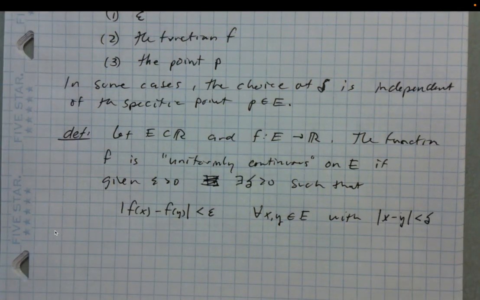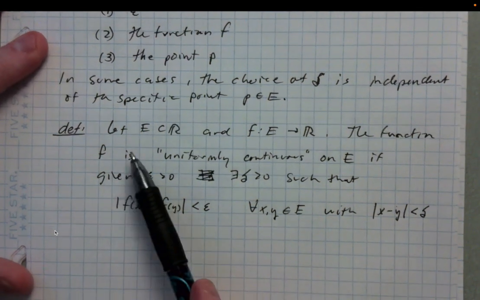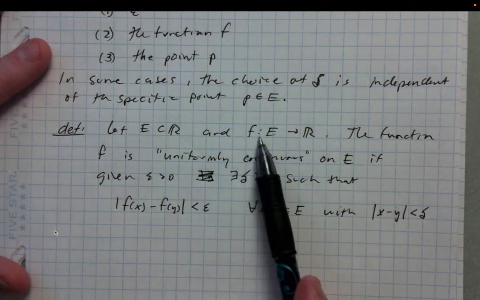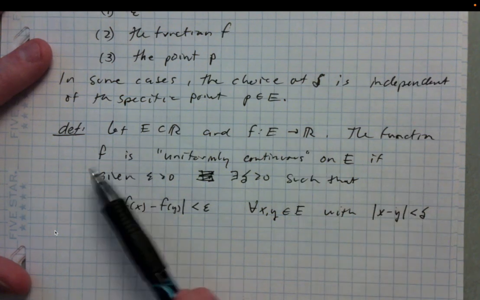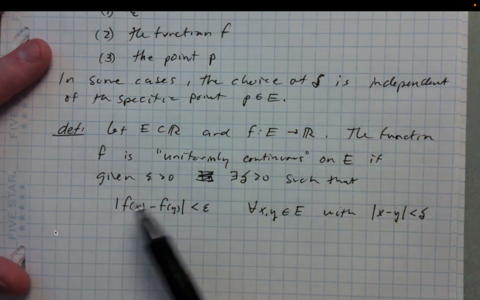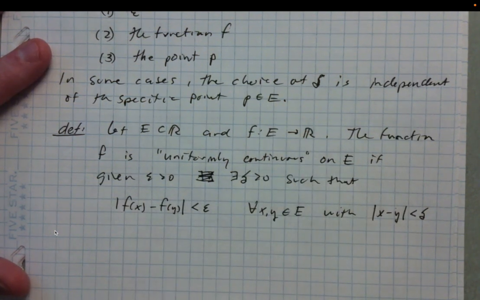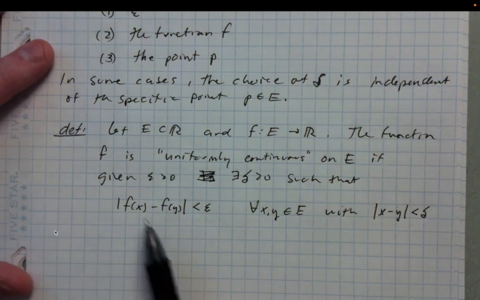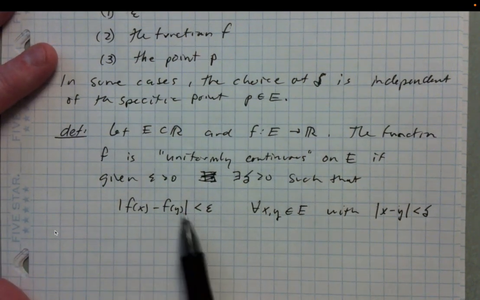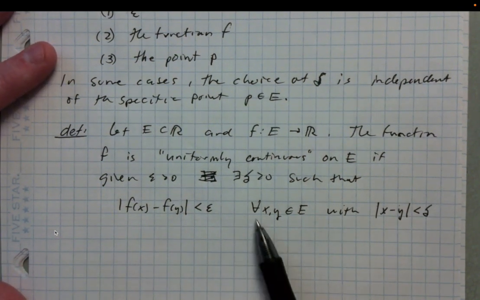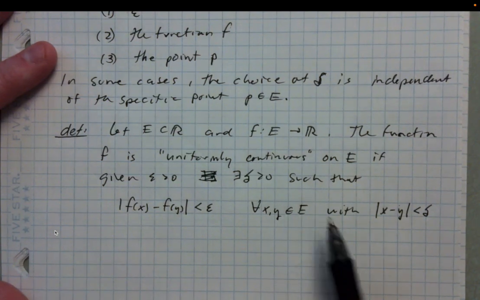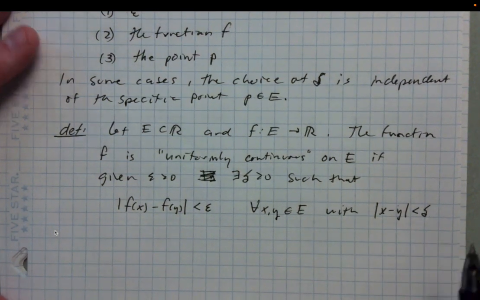Let's rehash this. f is a function from E to R. f is uniformly continuous on E if, given some epsilon greater than 0, I can find a delta such that f(x) and f(y) are within epsilon for all x and y in E, whenever x and y are within this delta.